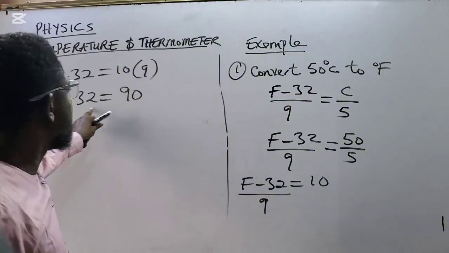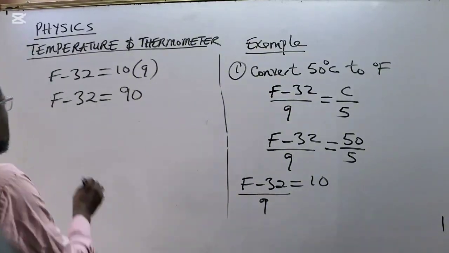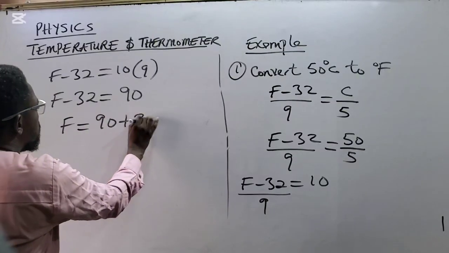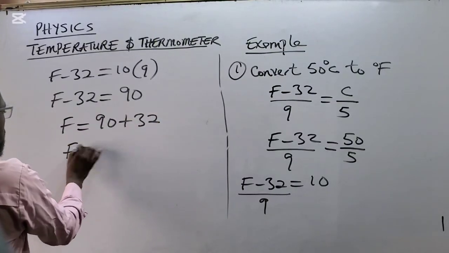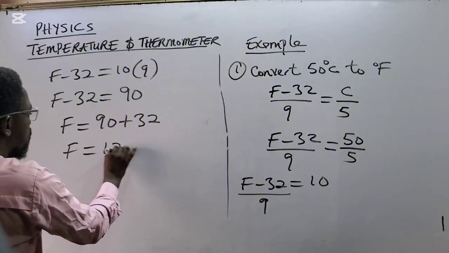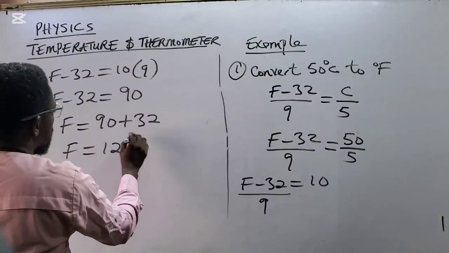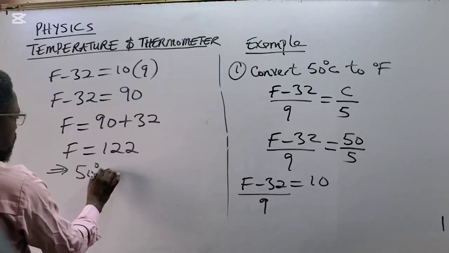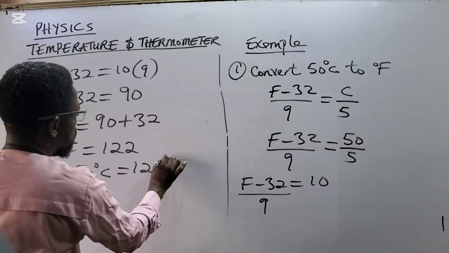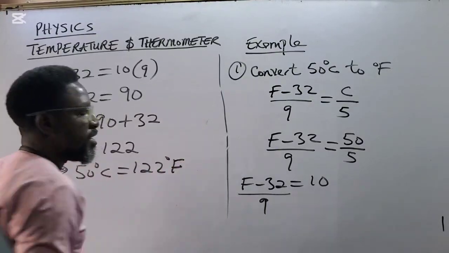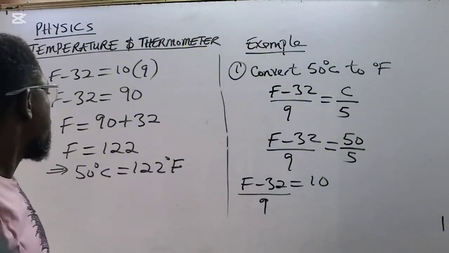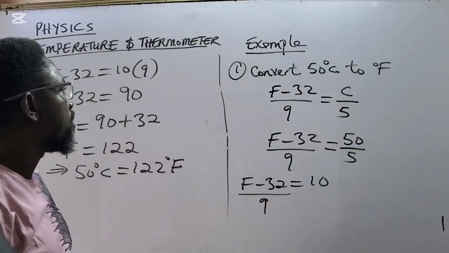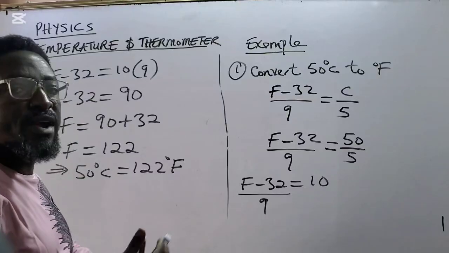Then to transfer the 32 across the equality, we get F equals 90 plus 32. So the temperature in degree Fahrenheit becomes 122. That means 50 degrees C equals 122 degree Fahrenheit. As simple as that. So that's how you convert from degree C to degree Fahrenheit.